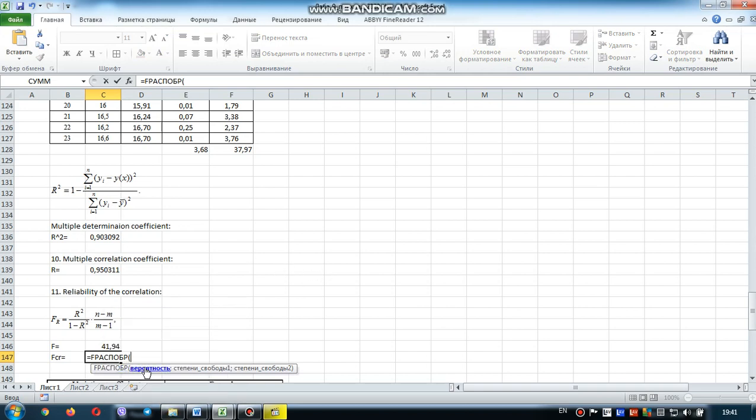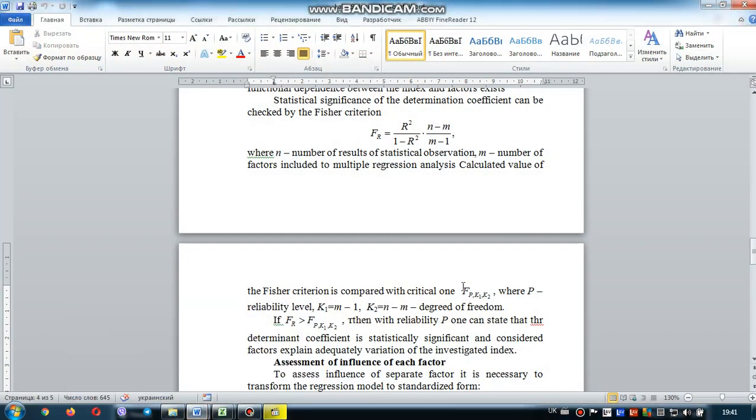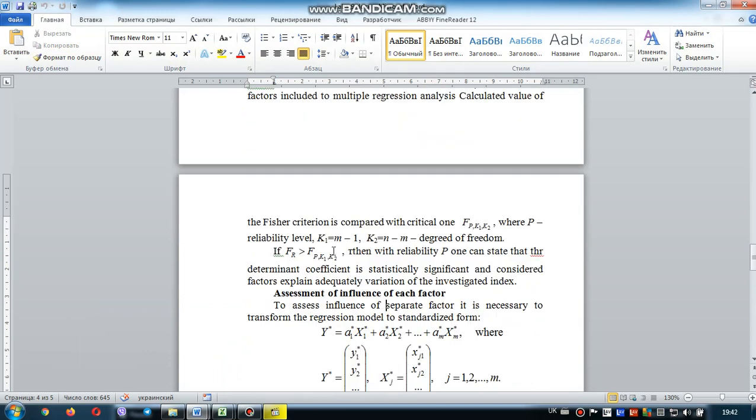probability 0.05 and K1 and K2 are the values of K1 and K2. K1 is equal to m minus 1. This is m minus 1. This is 4.